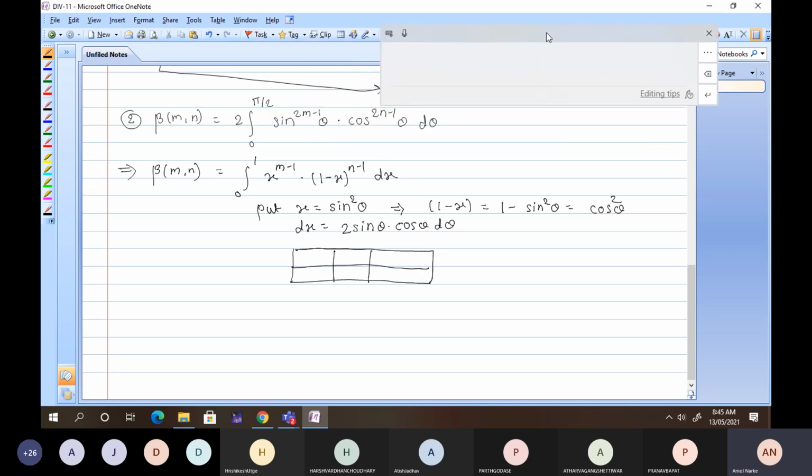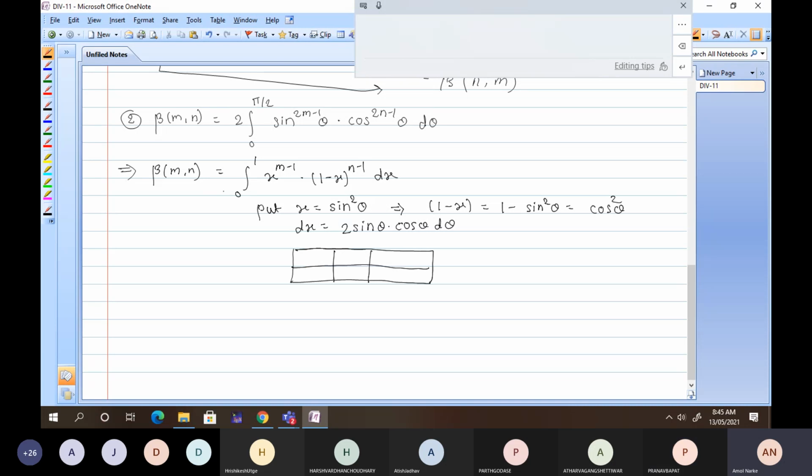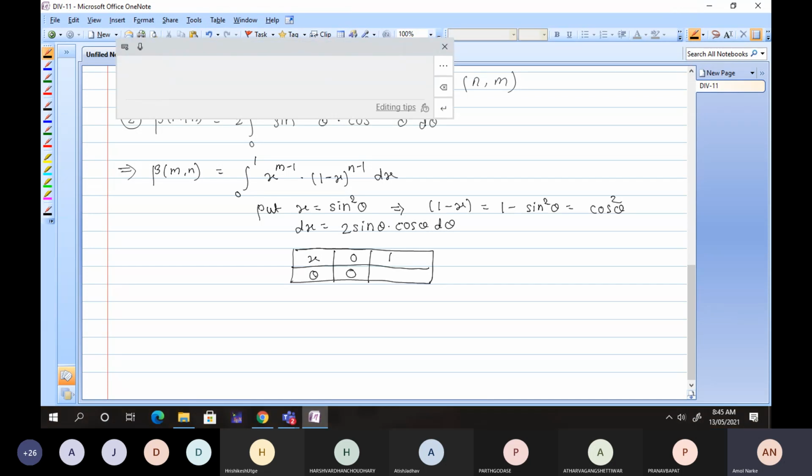Initially I have x with limits 0 to 1, and corresponding I have theta. Tell me, when x is equal to 0, what is the value of theta? It is 0, because x equal to 0 means sine square theta is equal to 0, so sine theta is 0, which is true when theta is equal to 0. Next, when x is equal to 1, what is the value of theta?